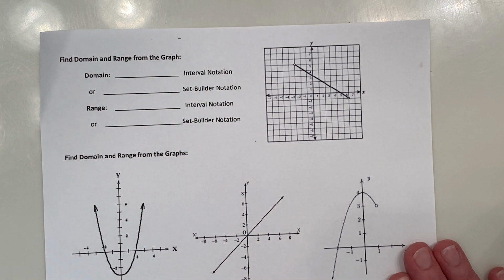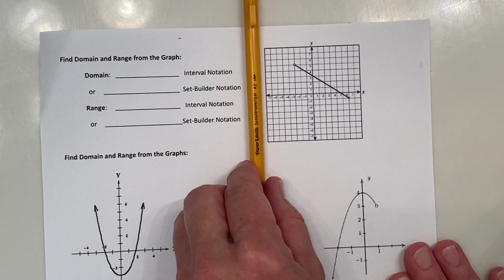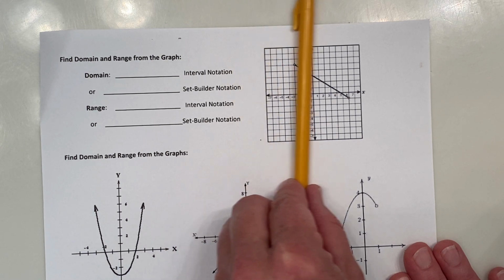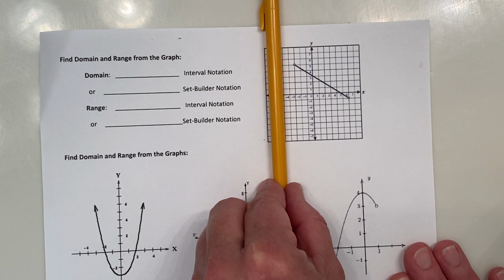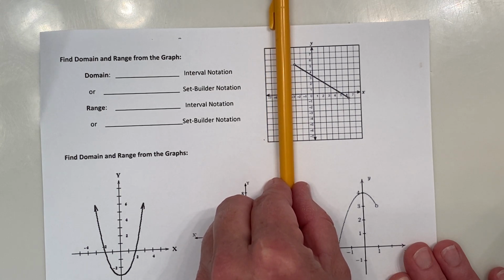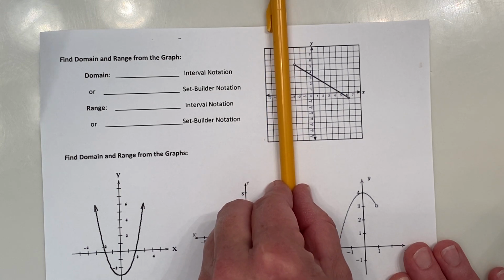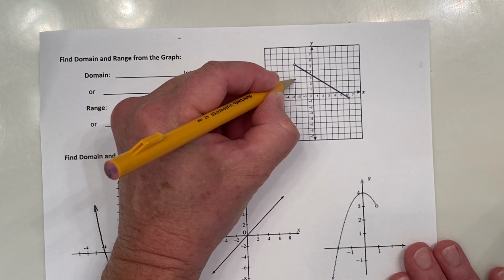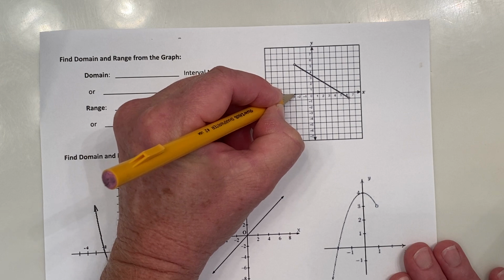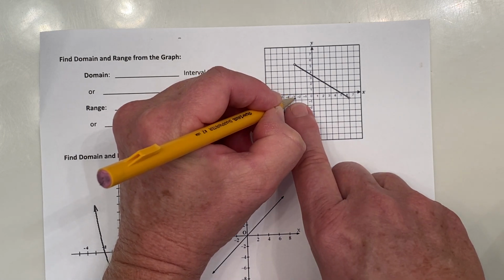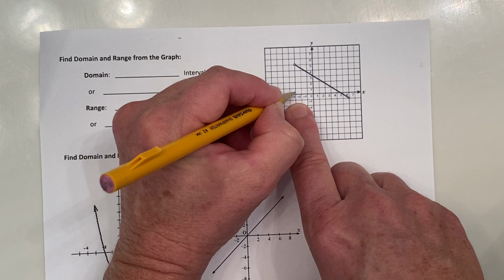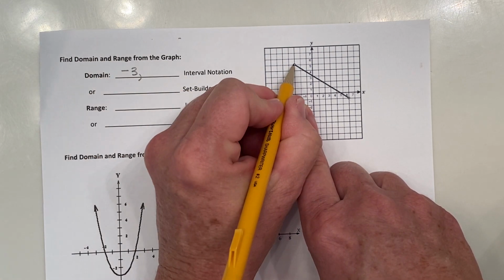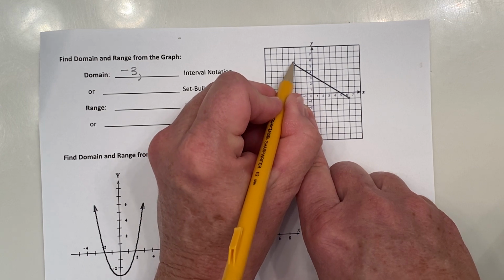Well, if I'm looking at the domain, I take my pencil and put it vertically, and I move from the far left to the far right, and I think about at what x value am I first intersecting this graph? Well, when you get to this open circle right here, if I bring this open circle down to the x-axis and read it, I can see that this graph begins at -3, but it doesn't include x equals -3 because that's an open circle.